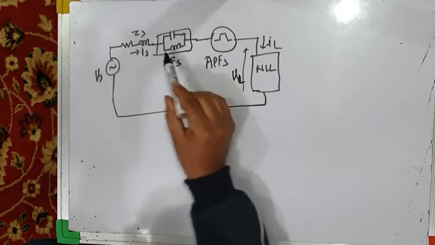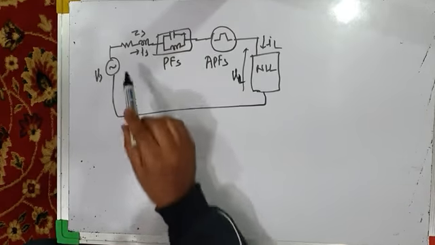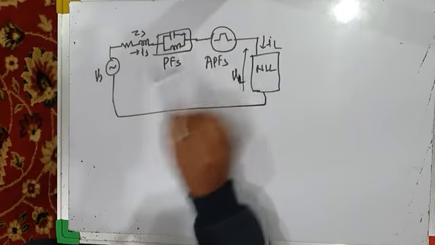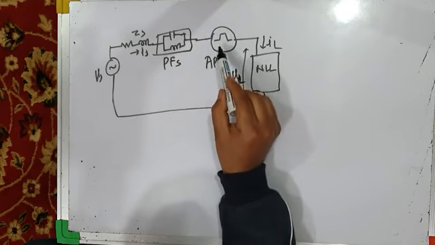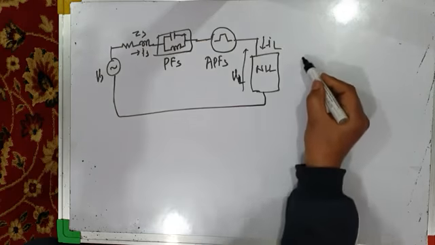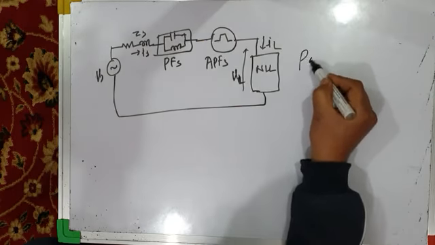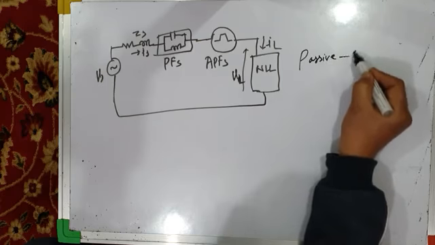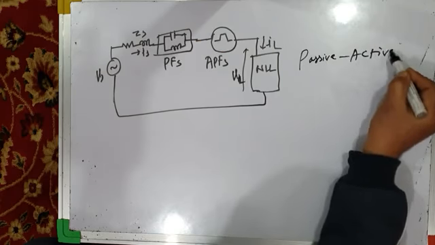Both will do voltage harmonic compensation, but they will do it partially, so that the size, rating and cost of this series active power filter is reduced. So this is the example of a passive active hybrid power filter, HPF.